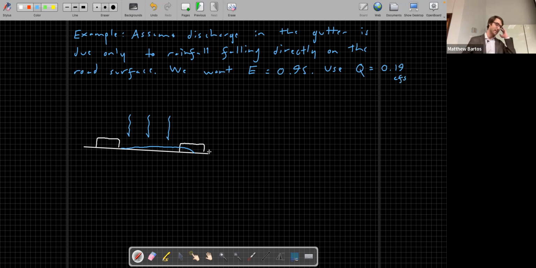Okay, so let's just conceptually look at this problem. We have some rainfall, we'll call it W, and let's say W is equal to 1 inch per hour. And that is falling on a road surface. So let me go ahead and draw the road surface here.